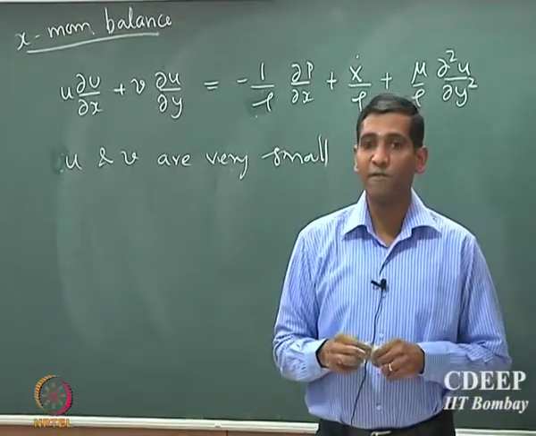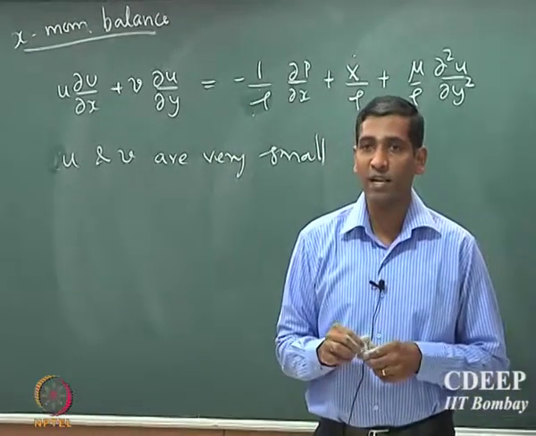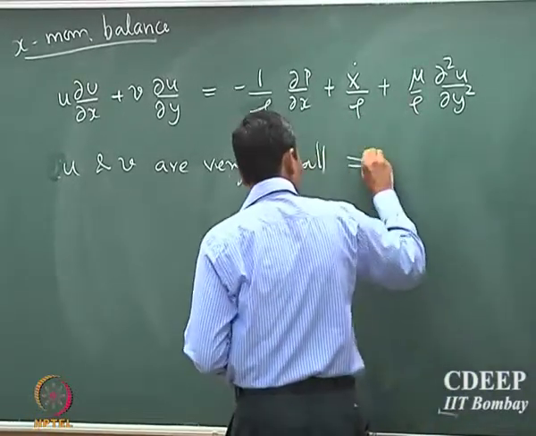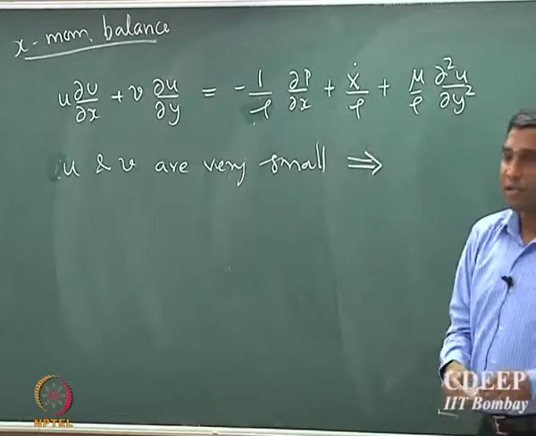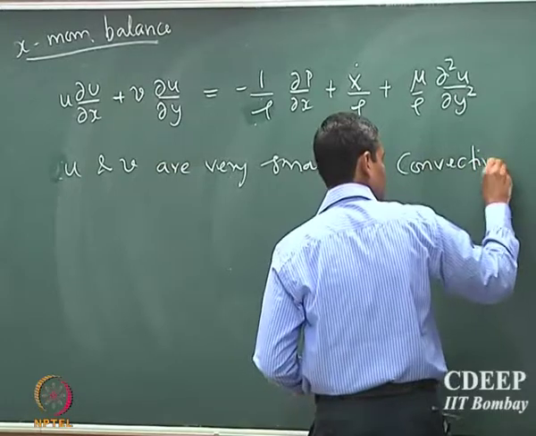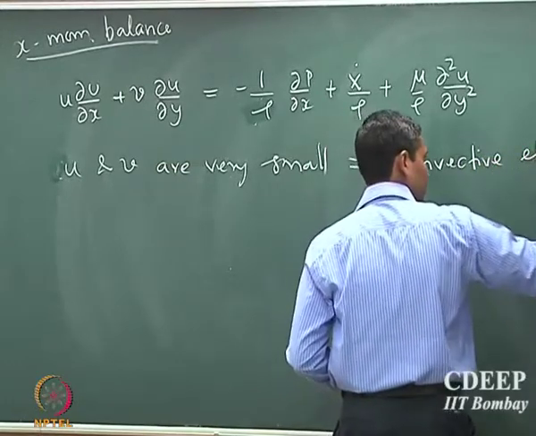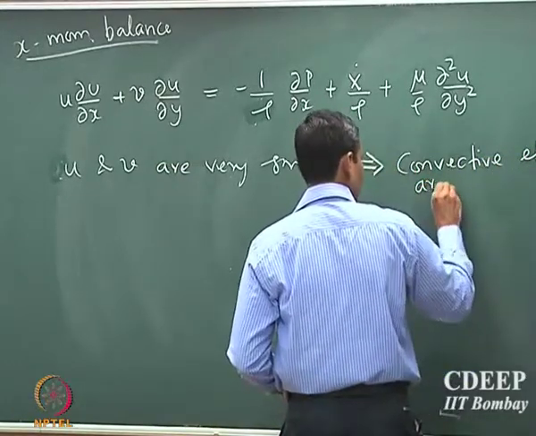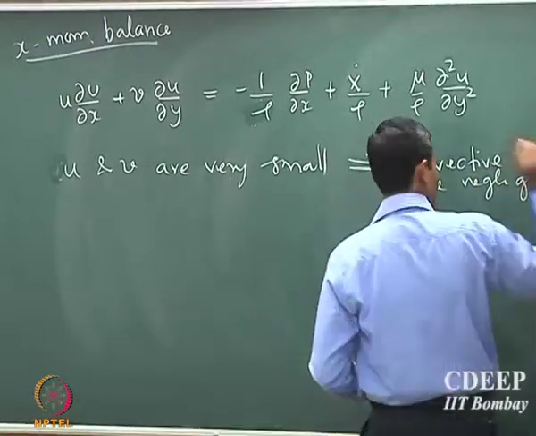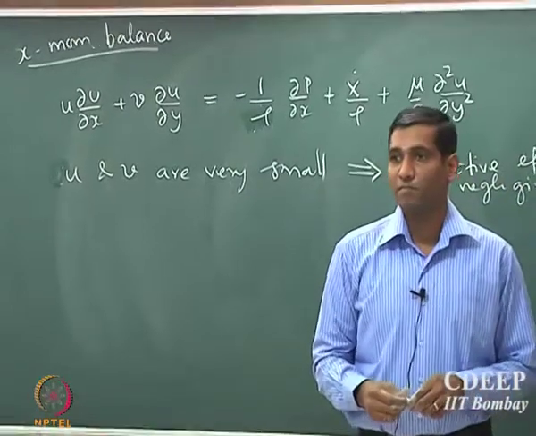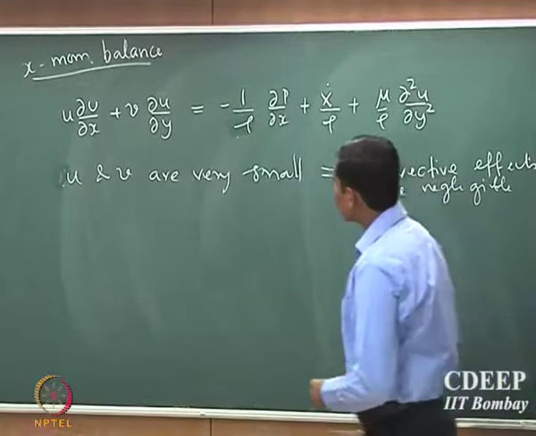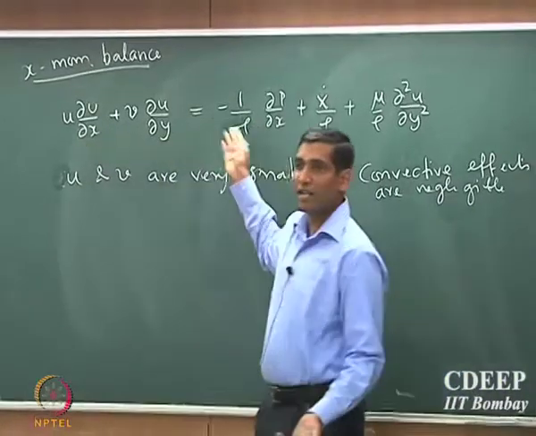So the velocity of the fluid inside the boundary layer is very small, and therefore the convective effects are negligible.